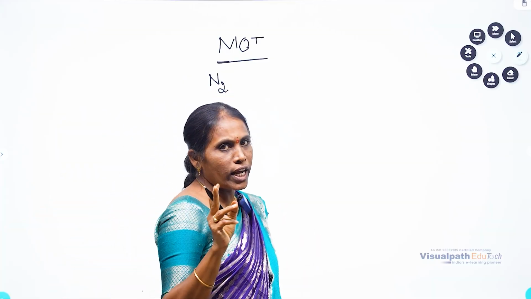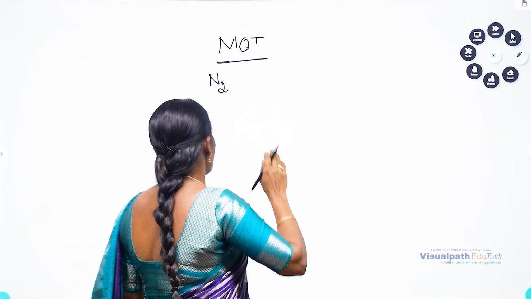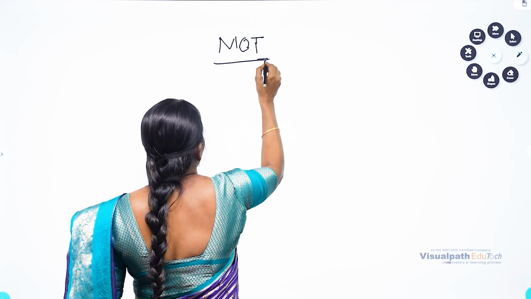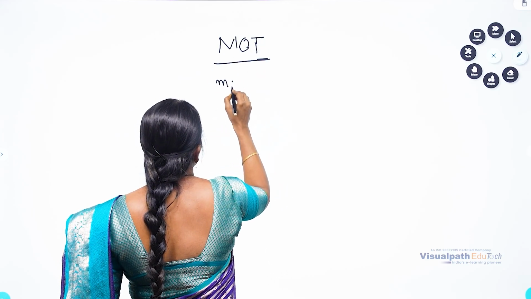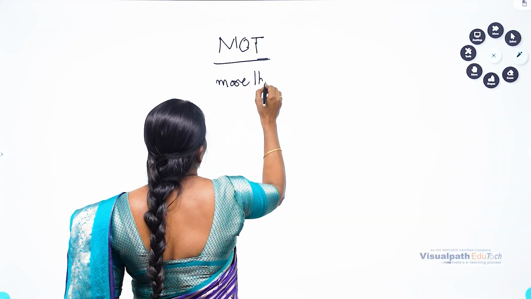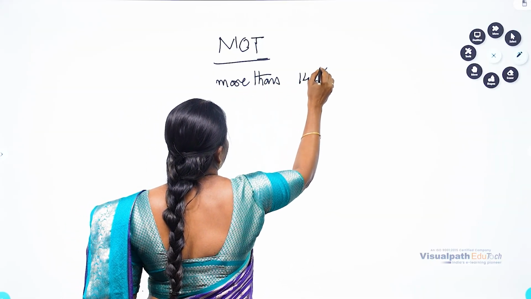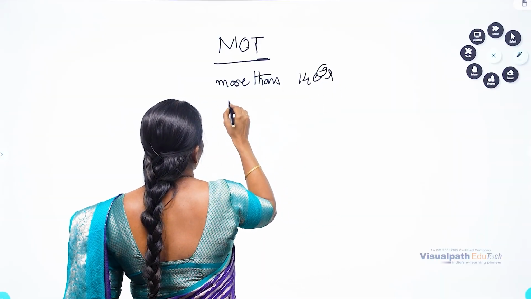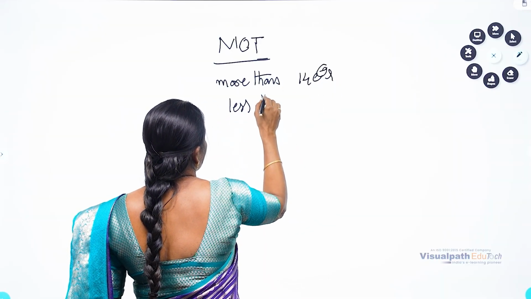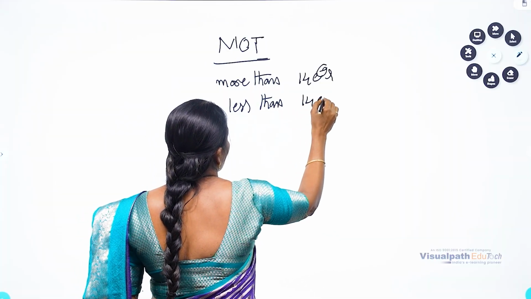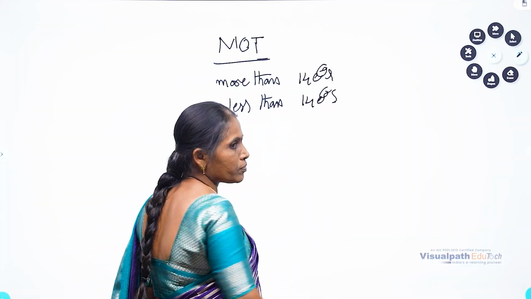Here we see the two types of electronic configurations. First we see what the two types are. One is more than 14 electrons, and the next one is less than 14 electrons.